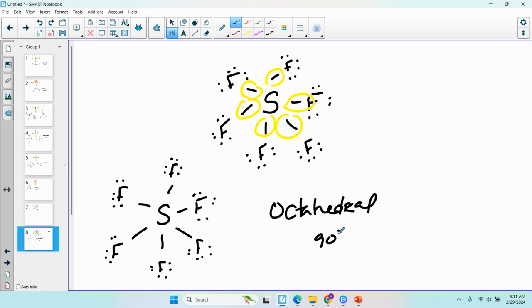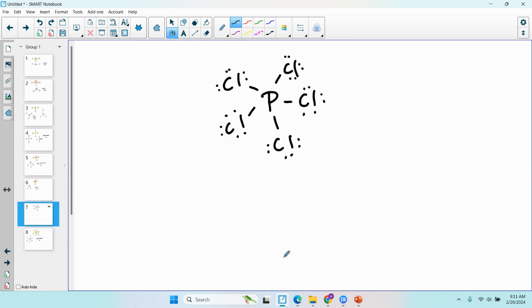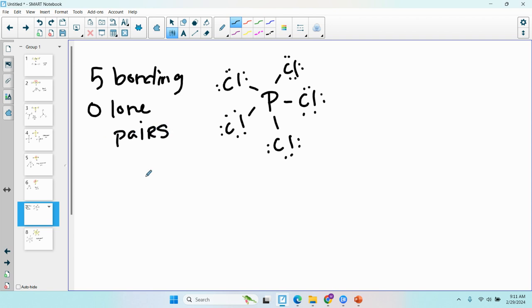All right, last shape. You guys have done so good. Last shape is PCl5. Now, I actually don't even have a slide for this one, so I'm just going to do it on here. PCl5. All right, in this case, you have 5 bonding to that central atom, 0 lone pairs.